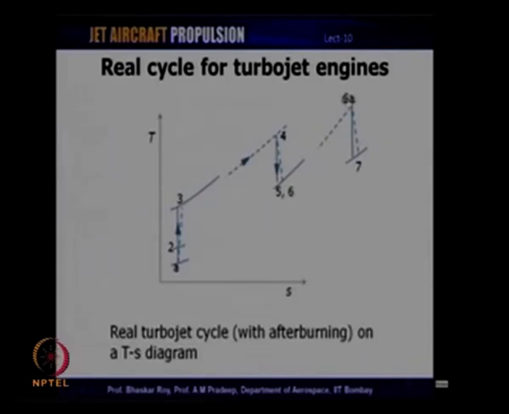At the end of the afterburning, that is the nozzle entry, the nozzle expansion process is shown here between 6A and 7, which is again non-isentropic. So, the non-isentropic process is indicated by this dotted line.